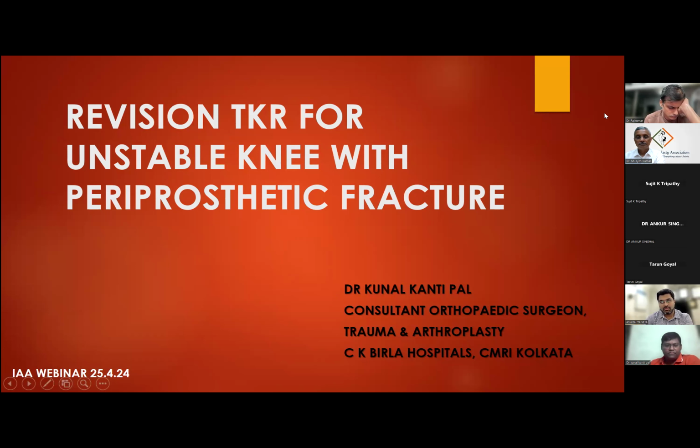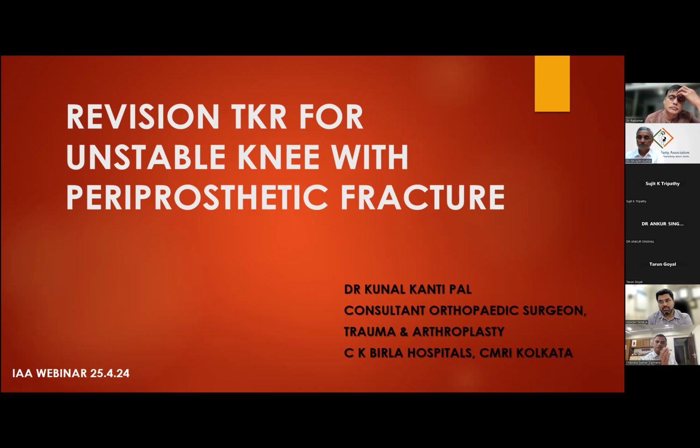Definitely, if on table you feel that it is unstable, then I wouldn't hesitate to go for an anterior stabilized insert. Even if it is stable, for future purposes? If the PCL is not released and everything is stable, then I don't think you do it as a prophylactic measure, because it's again a kinematic conflict.